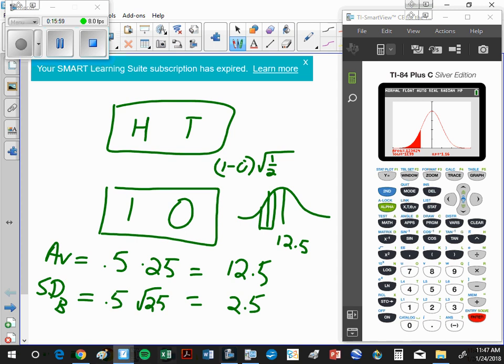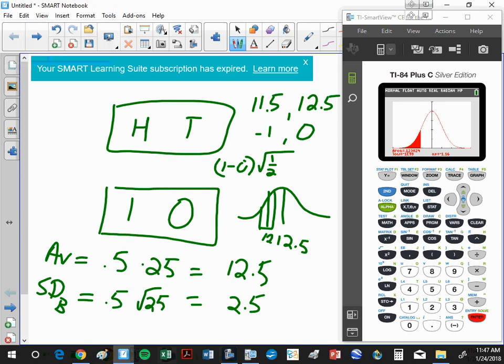If we don't count edges, we find the distance from 12 to 12, which is 0. So we want 11.5 and 12.5 turned into z-scores. So that would be from 12.5, that's -1 and, sorry, so this is 12. -1 and 0, right?